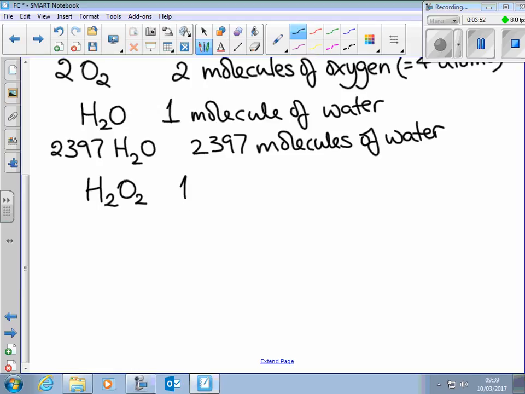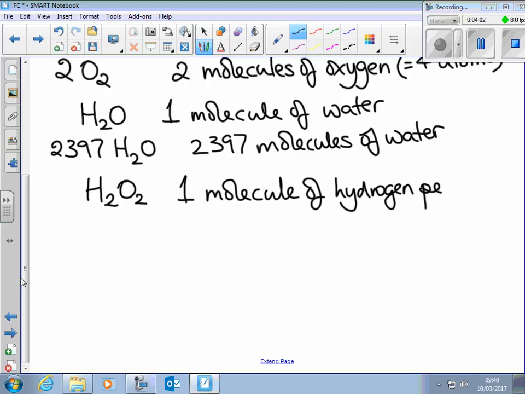H2O2 is a molecule of something called hydrogen peroxide, which you've probably heard of. Because we've changed the formula, we've changed the substance. But we could have 5 H2O2, which would be 5 molecules of hydrogen peroxide. In other words, if you've got 5 molecules of hydrogen peroxide, you've got 10 hydrogen atoms and 10 oxygen atoms, because you've got 5 of everything in that formula.